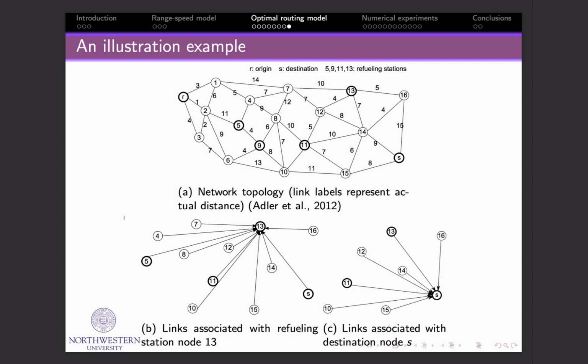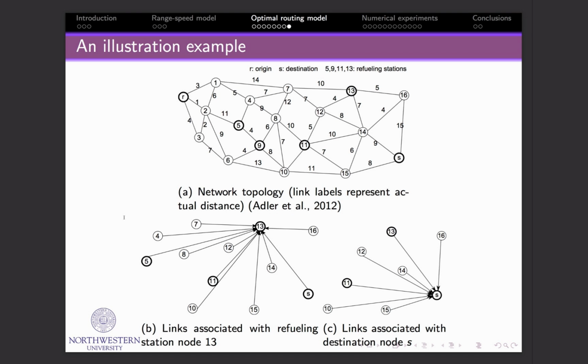And node 5 to node 13 is a type 2 link. It's from a refueling node to a refueling node. In the right graph, node 12 to the destination S is a type 4 link. It is from a feasible node to the destination. And we also have node 13 to the destination S, which is a type 3 link. It is from a refueling node to the destination node.